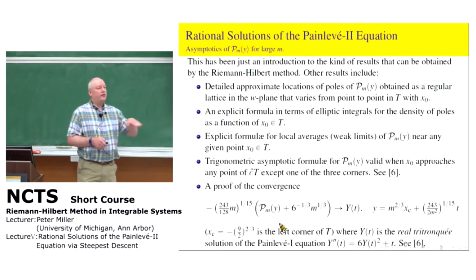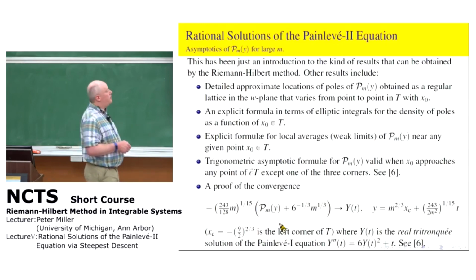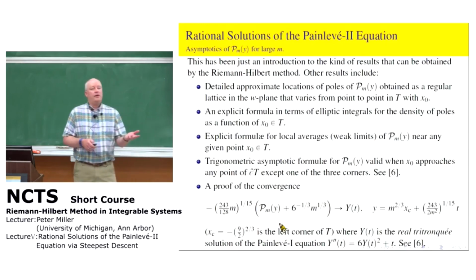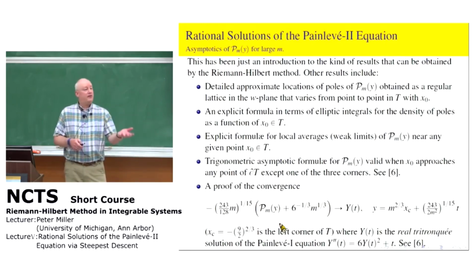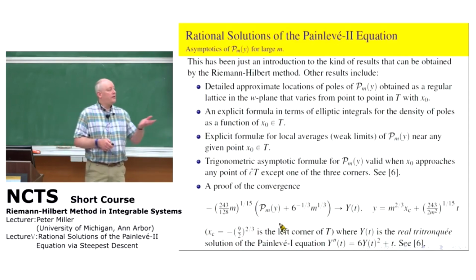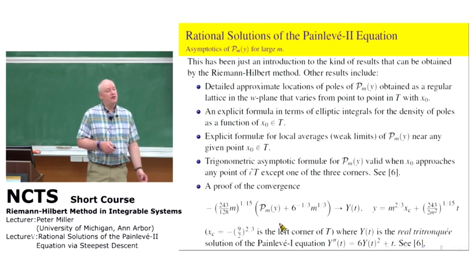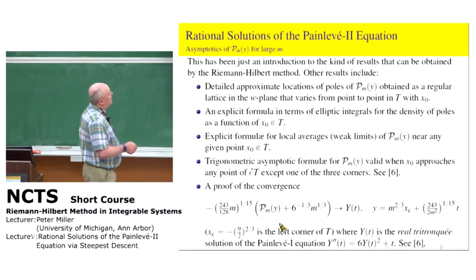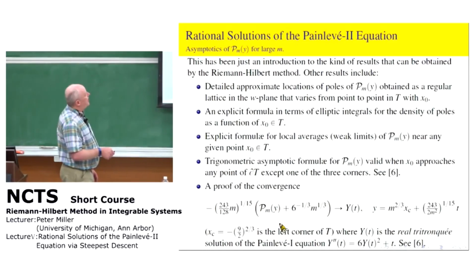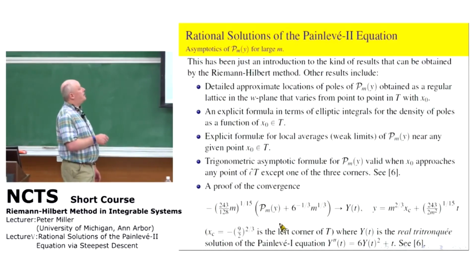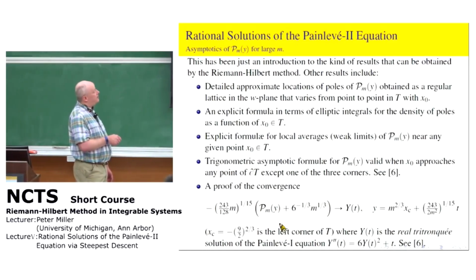And the integral is finite, right? The simple pole is integrable in 2D. So that means that you could do things like multiply your Painlevé function by a test function and integrate over the support of that test function and ask what's the limit as epsilon goes to 0. And that's something that you might consider as a local average or a weak limit of P_m of y near a point of the triangle. And those also have explicit formulae in terms of elliptic integrals.